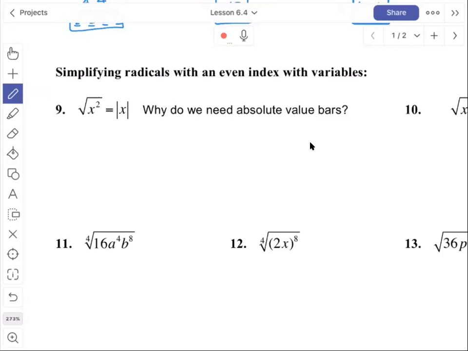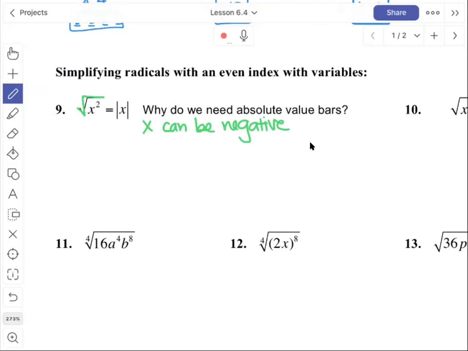Now, why do we need the absolute value bars? Well, because x can be negative. And remember, this square root is talking about the principal root. We want it to be positive, right? Like square root of 25 was positive 5. So we want whatever comes out to be positive. So that's why we use that absolute value.